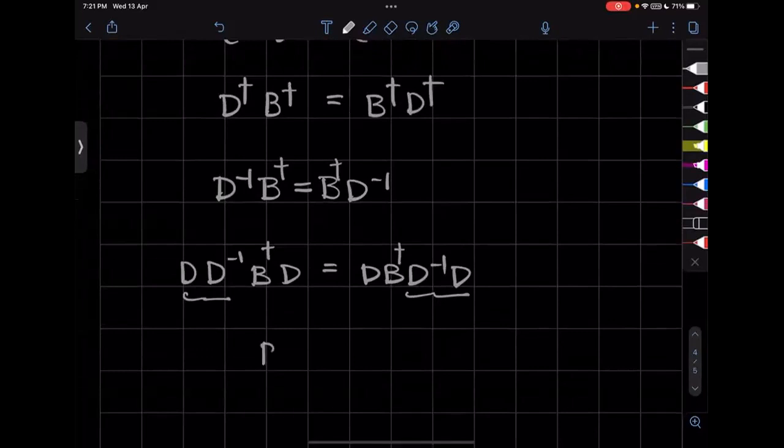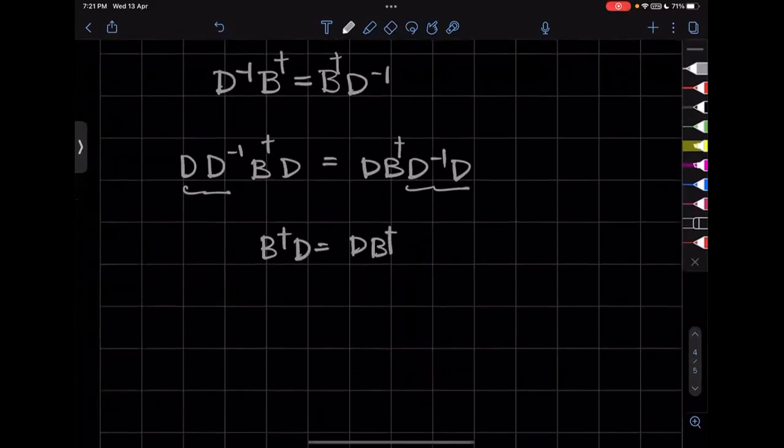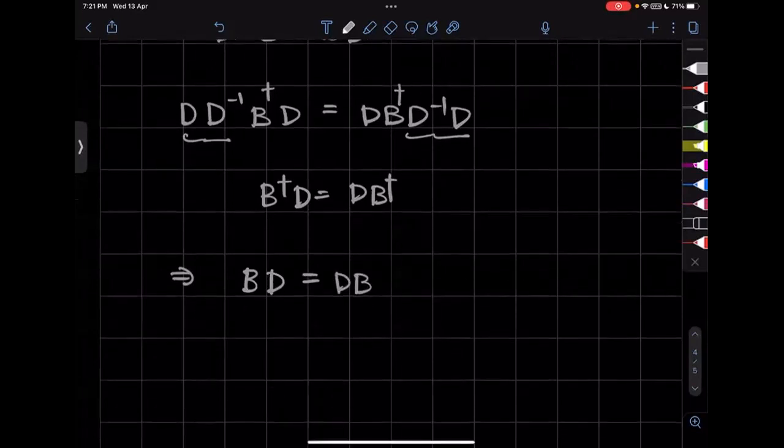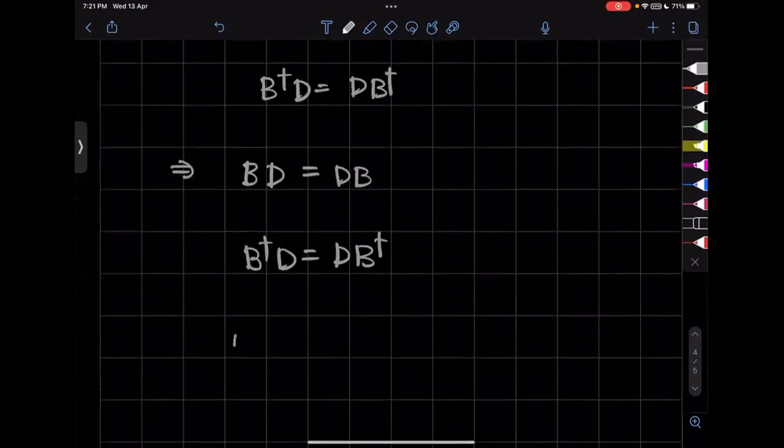So this goes, B dagger D is D B dagger. Sorry for the confusion, but what I wanted to show is that if B D equals D B, then B dagger D is also equal to D B dagger. And therefore, we can take B plus B dagger, which, if B is not Hermitian, is a Hermitian combination. This will also commute with D. Okay? Is that understandable?